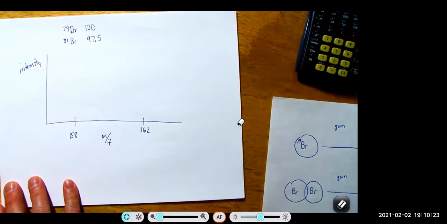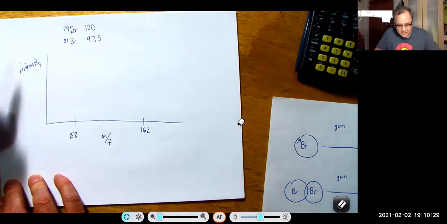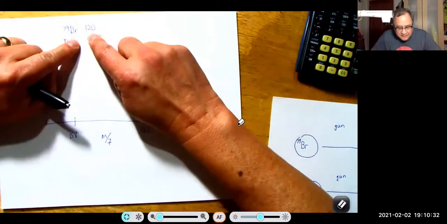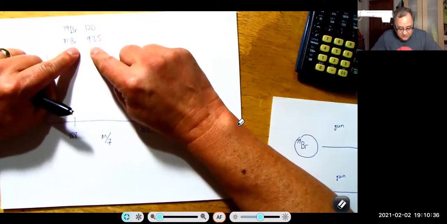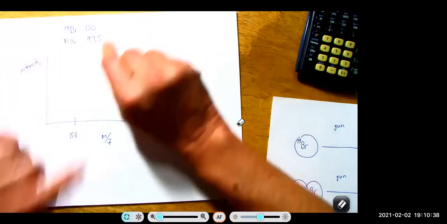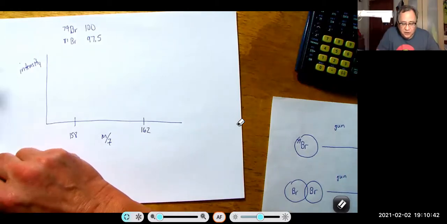Why? Because it's closer to 100. How about we say it a little bit differently? The odds of having a 79 are a little bit better than having an 81. That's a given. So therefore, having two of the more common isotopes is going to be more probable than having two of the less common isotope.